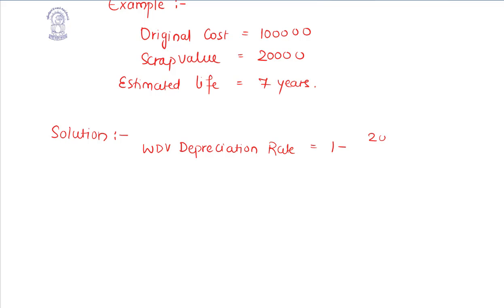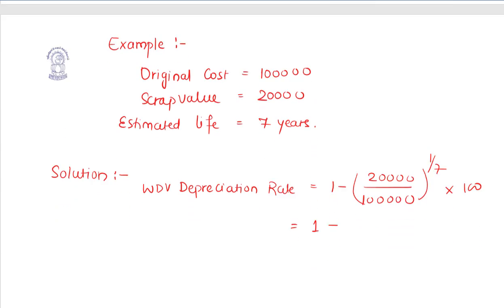So 1 minus the scrap value of 20,000 over the original cost of 1 lakh, raised to 1 by 7, and at last we'll multiply by 100. So we have to calculate 1 minus this figure.